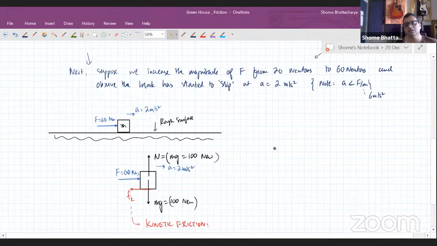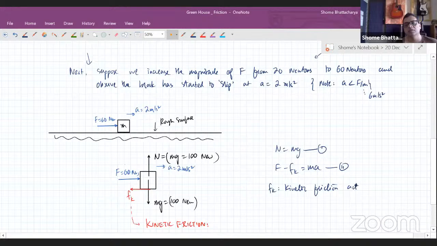So here what is happening is that this is our first equation: F minus kinetic friction is equal to ma. This kinetic friction acts tangentially, opposing the slipping.